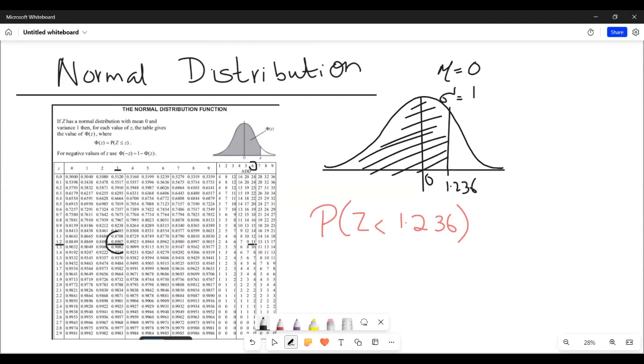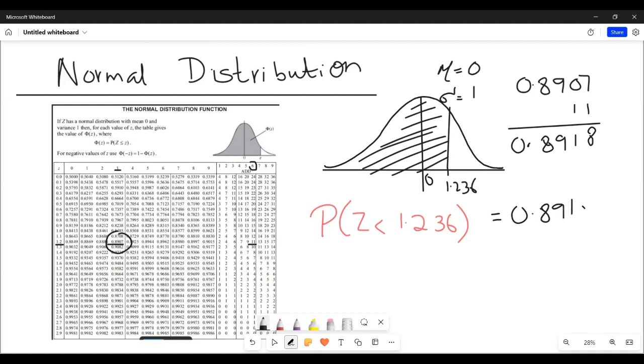You add it to the last 2 digits of this. So we have 0.8907 and you add 1 and 1 with the last 2 digits. So we get 8, we get 18. So the probability will be 0.8918.